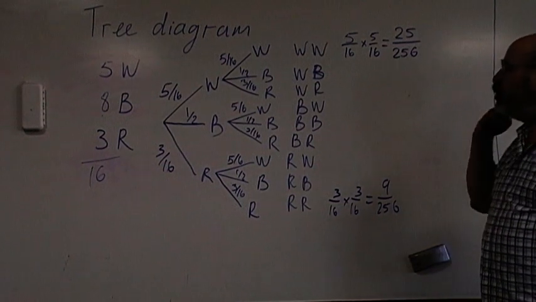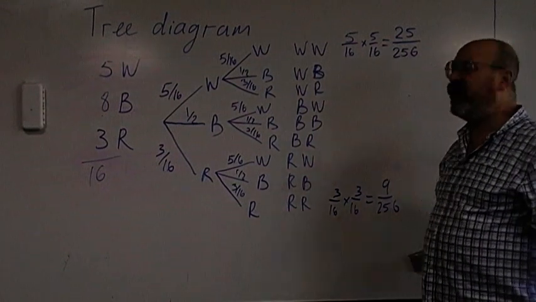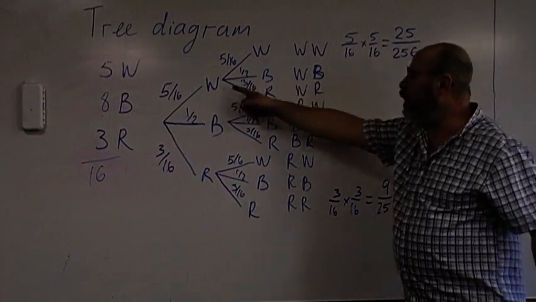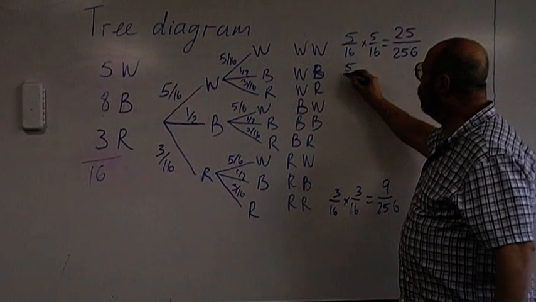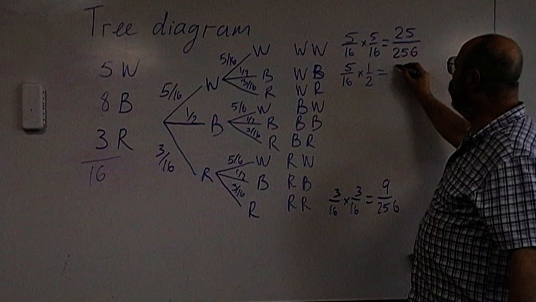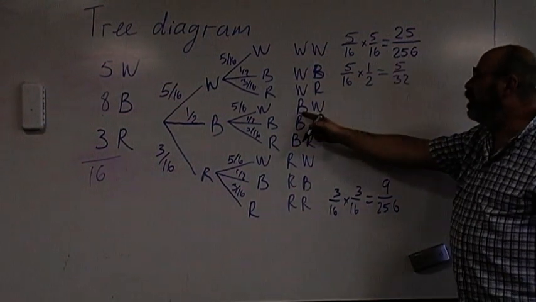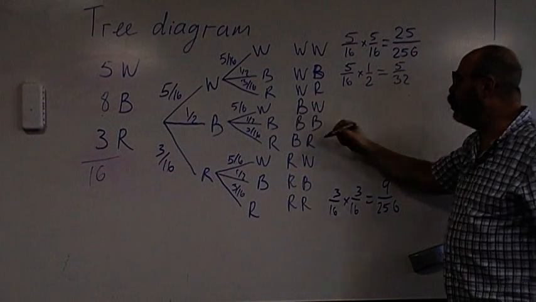What will be the probability of getting white and black? 1 white, 1 black. Here we have 5 over 16 times 1/2, which equals 5 out of 32. But we can get black first, then white.